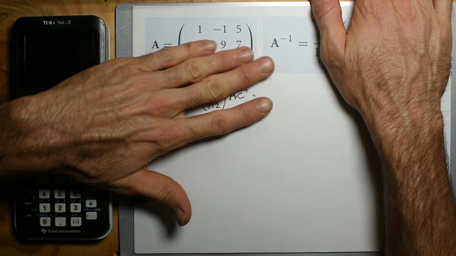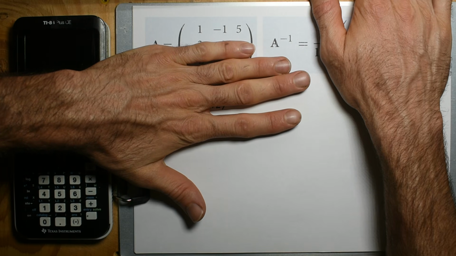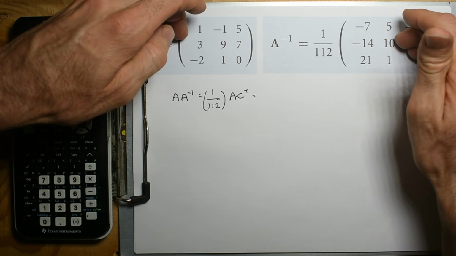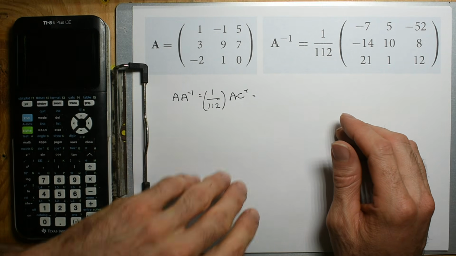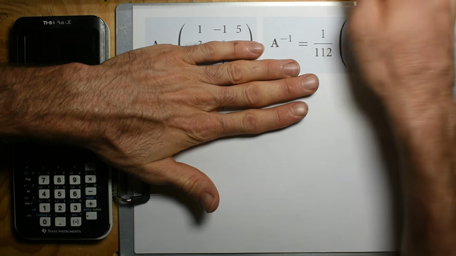If I just had one of those rows, I'd still just be chill. If these two multiplied, I could still multiply this one by that one.